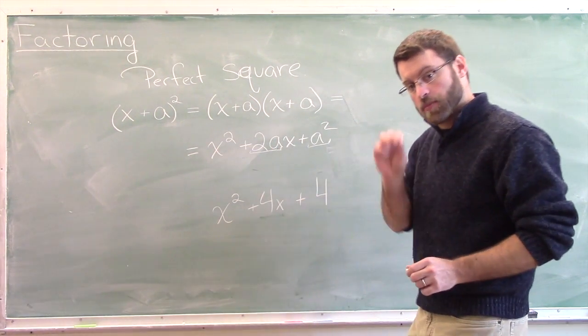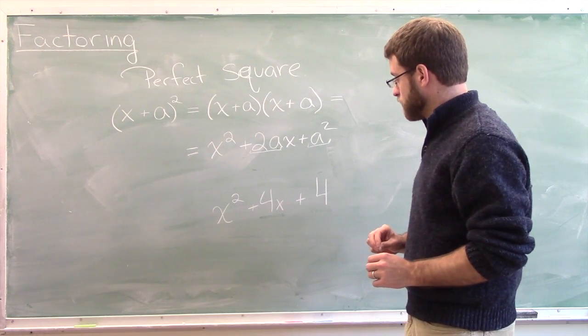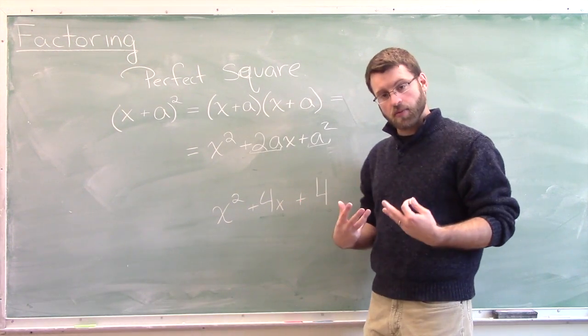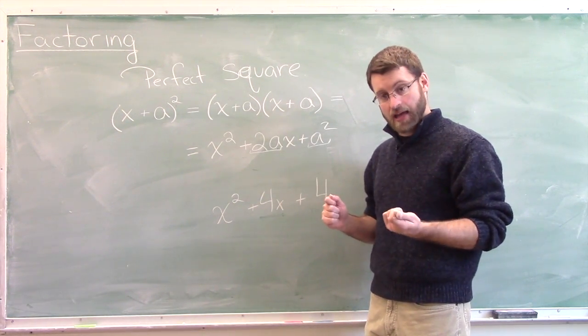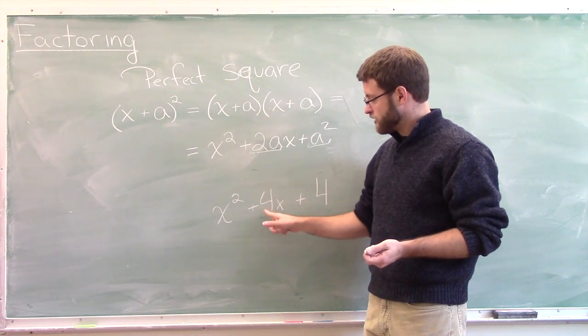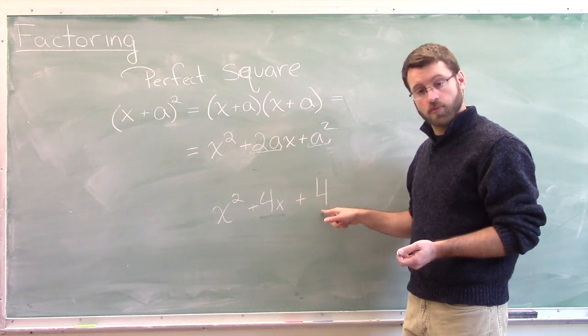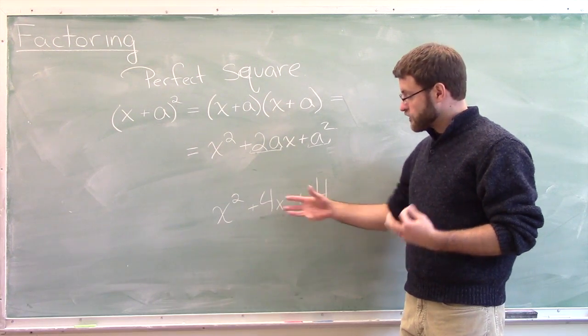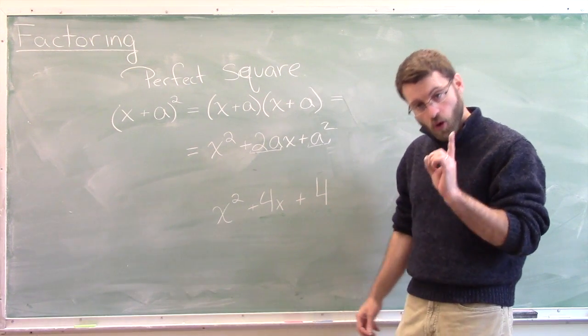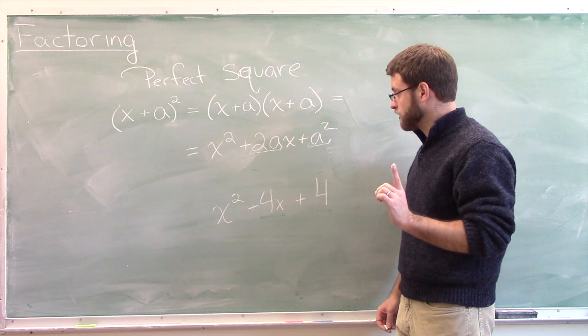And they have to match up perfectly. Okay? So let's think about this for a minute. We need to pick a number a so that 2 times a is equal to positive 4 and a times a is equal to positive 4. We've got two conditions that need to be satisfied, but only one choice that we get to make.